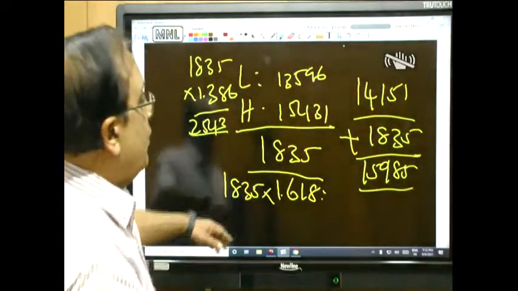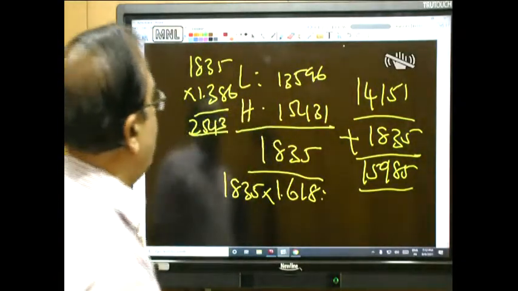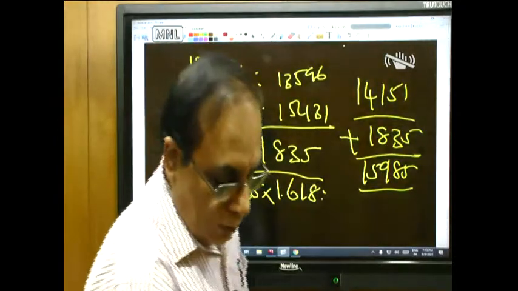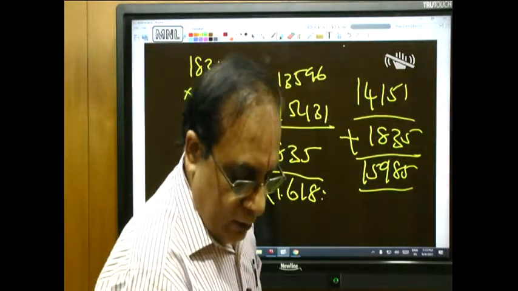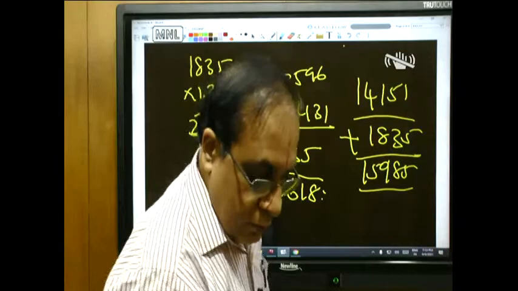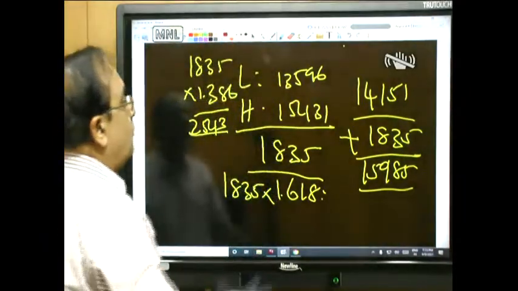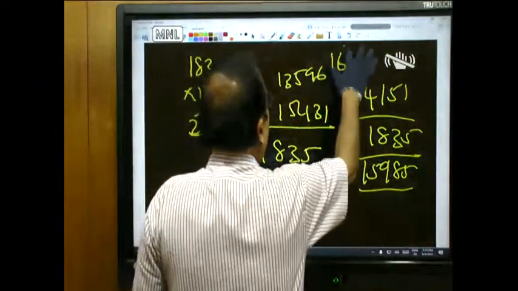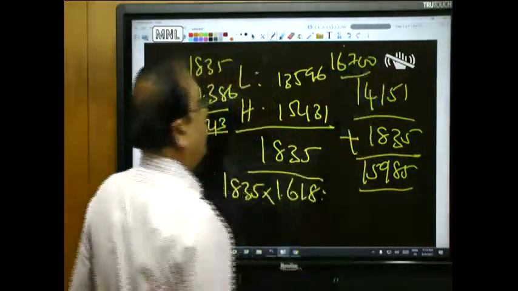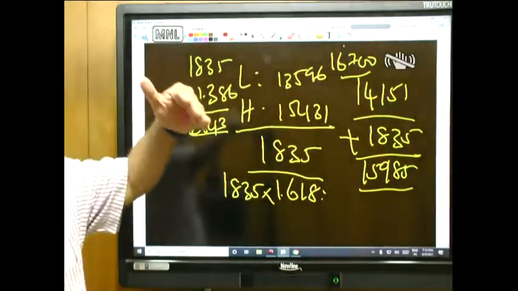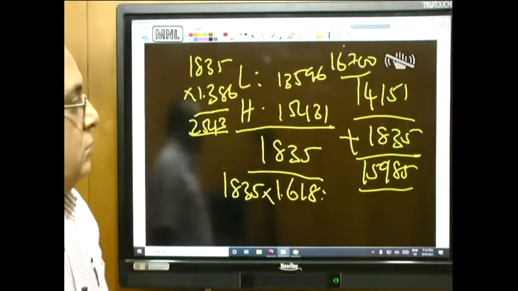So 2,543 if I add to 14,151, 14,151 plus 2,543, this comes to 16,694 or 16,700. That is where we also saw some important resistance. From there was some pullback down, right?